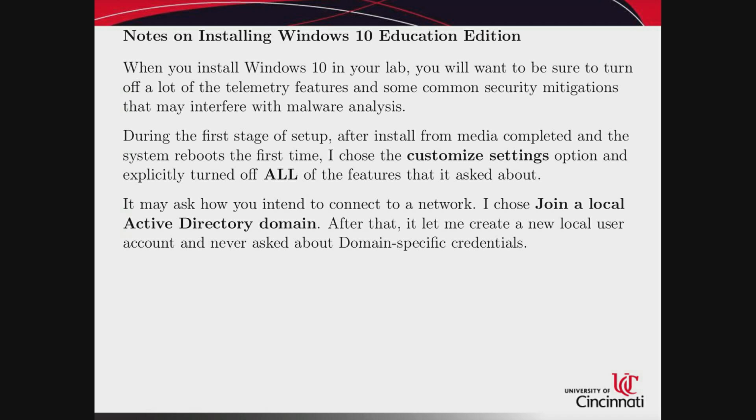We'll get over here. There's a handful of notes on installing it that you'll also have to keep in mind, so just some gotchas. One of the big ones, and this is a consideration you want to keep in mind for any Linux OSs or any other versions of Windows that you install, is that when you're going through the installation, it typically asks you, do you want to have automatic updates, or do you want to automatically look for updates, or do you want to send information back to the operating system provider, like do you want to send bug reports to Ubuntu, or do you want to send usage information back to Microsoft and stuff like that.